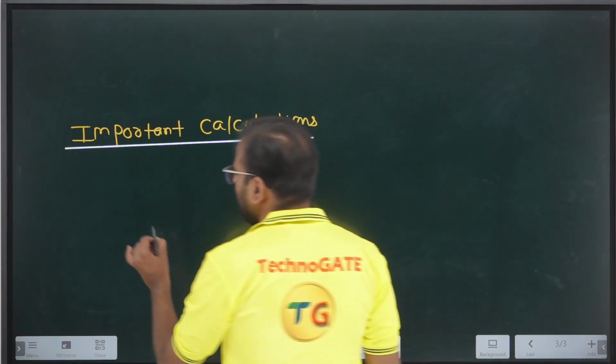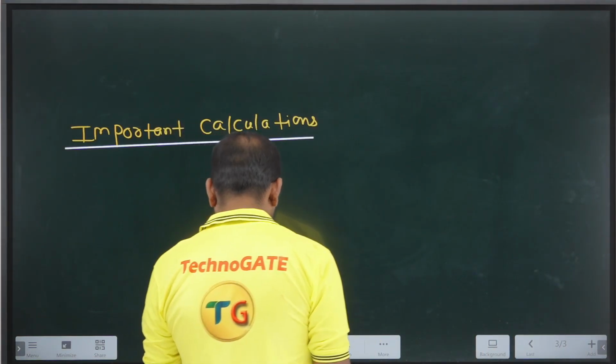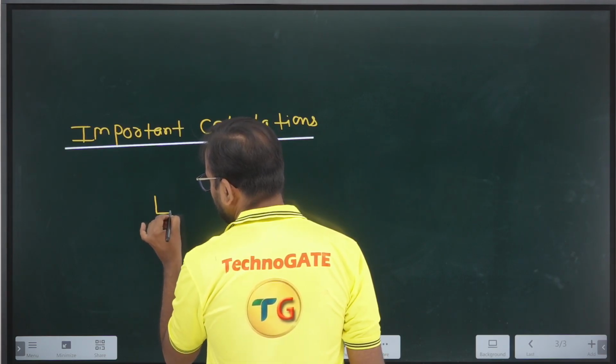So let's say there is one operator in the communication system which is known as the expectation operator.